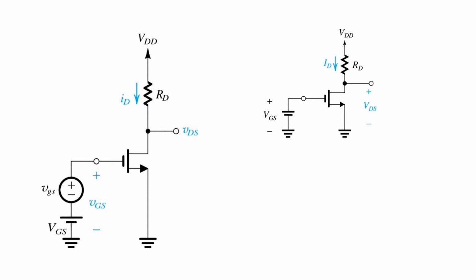Now the first step is to perform a DC operating point analysis. To do this, we set the small signal input to 0.